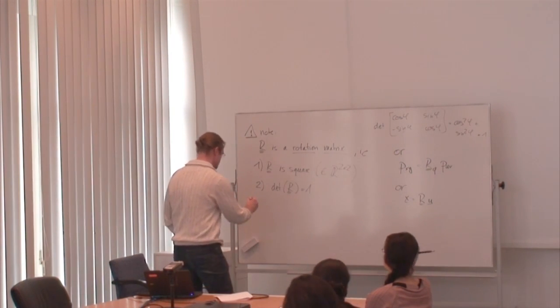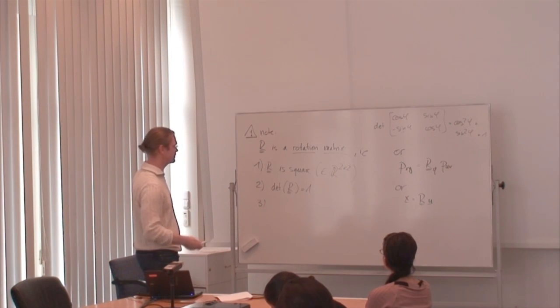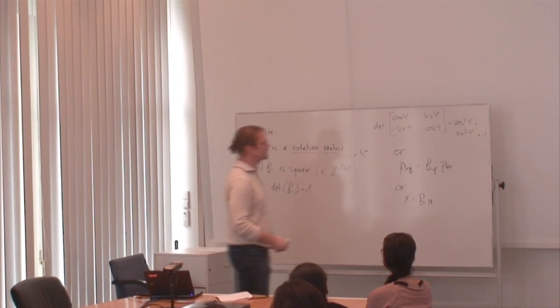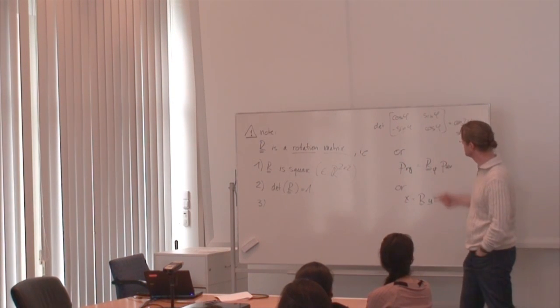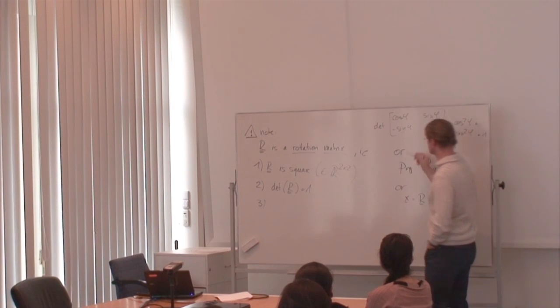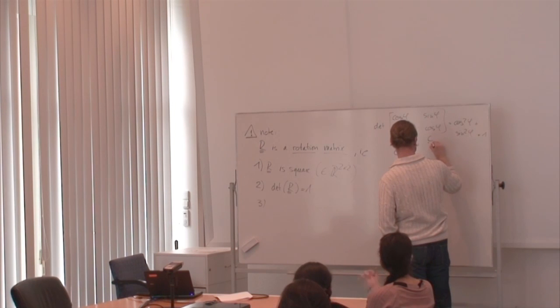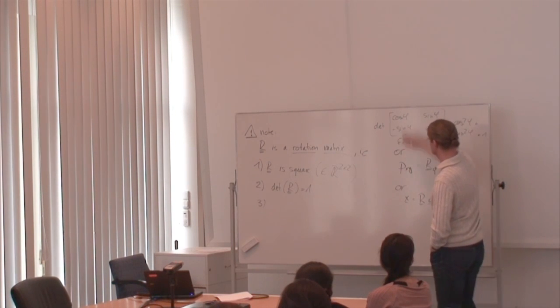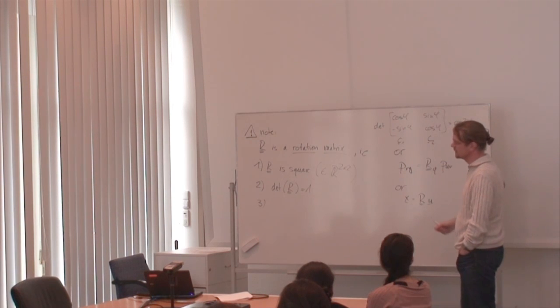Third of all, and it becomes more special all the time. Look at this. The column vectors, the first column vector, let's call this column vector 1, and this one column vector 2. These two numbers form a two-dimensional vector. These two numbers form a vector.